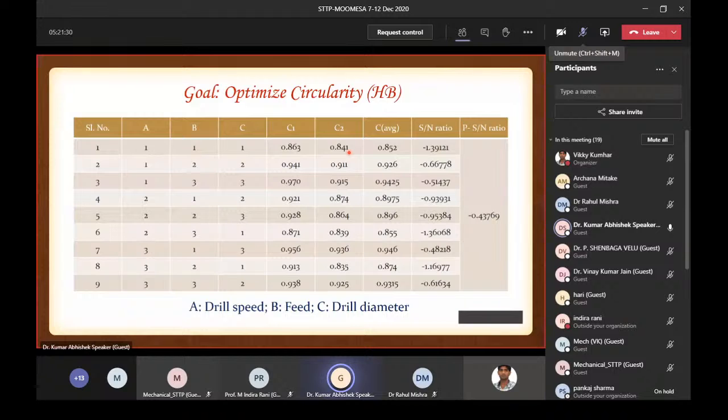Now you have to find out which of these three factors is more influential, and what is the optimal parametric combination.